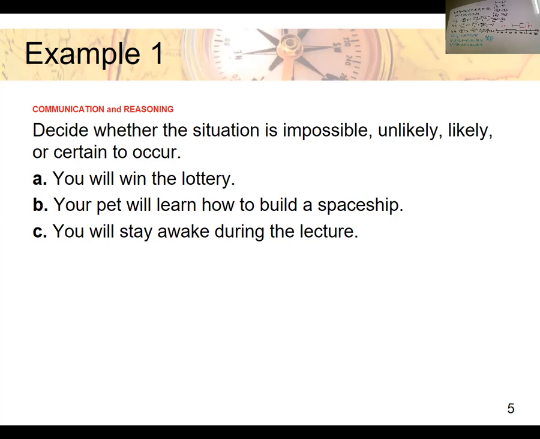That'd be unlikely because the probability of anybody winning the lottery, that's real low. But it does exist, it's just real low. And we're going to be talking about things about the lottery and its probability in this chapter.